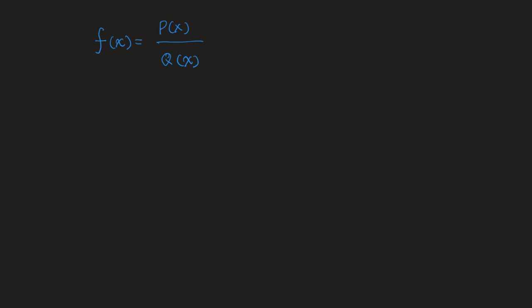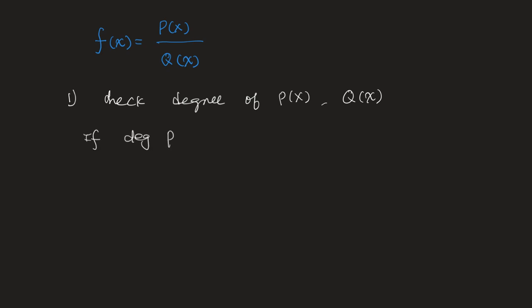When you see this form, the first step is to check the degree of the denominator and the degree of p of x. If the degree of p of x is greater than or equal to the degree of q of x, you're going to do long division.